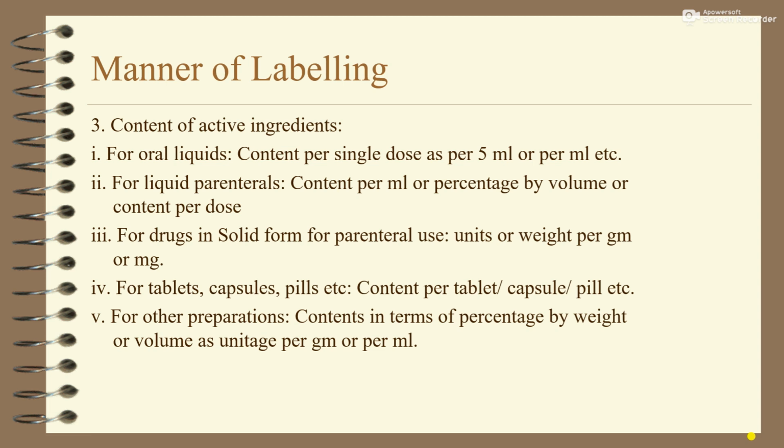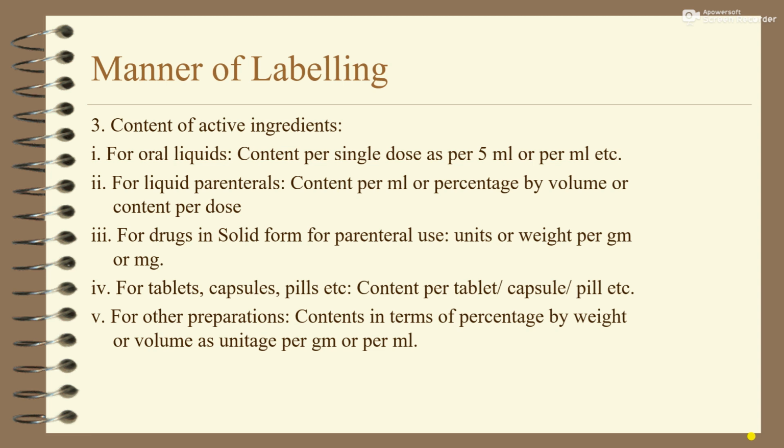Next is the content of ingredients. For oral liquids, content per single dose, as per 5 ml or per each ml, should be given. For liquid or parenteral preparations, content per ml, percentage by volume, or content per dose should be given. For drugs in solid form for parenteral use, units or weight per gram or milligram should be mentioned.